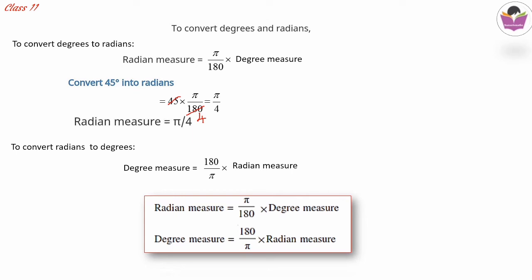To summarize, radian measure is equal to pi by 180 into degree measure, and degree measure is equal to 180 by pi into radian measure. So these are the two conversion formulas, just keep them in mind.